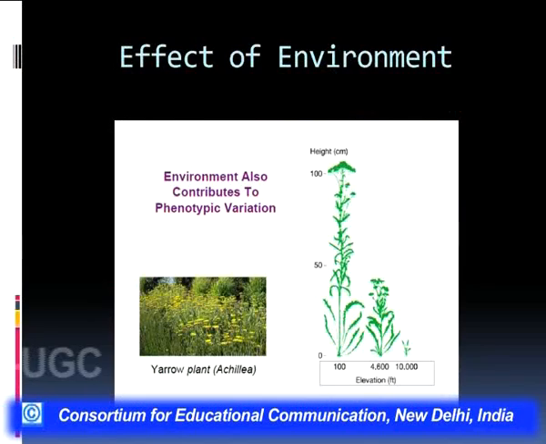And at the extreme, that is at 10,000 feet above sea level, the plant would be so small, it would be particularly insignificant as compared to 1 meter or 100 centimeters of length of the same relative. So, genetically these plants are the same, but their morphology is so very variable just because of growing under different environmental conditions.